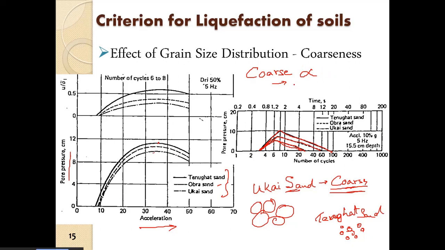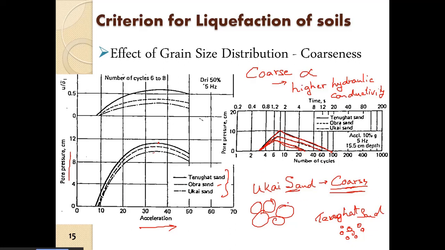So if it is coarse, there is higher hydraulic conductivity. All right, so bigger pore size. If the sand is coarse and uniform, of course there are larger pores, and the pore water pressure, whatever is generated, can escape quicker than in the finer sands.